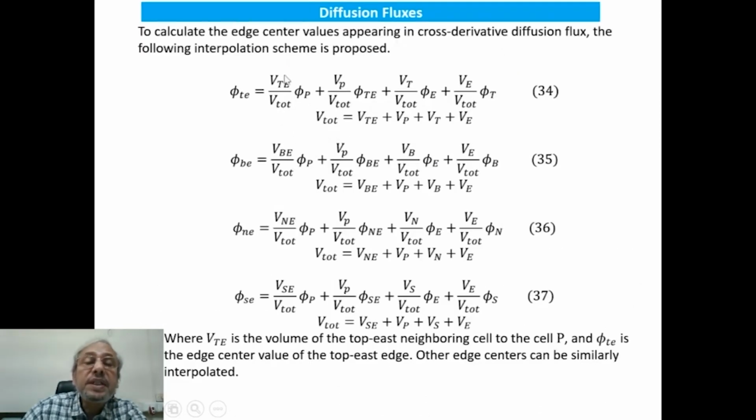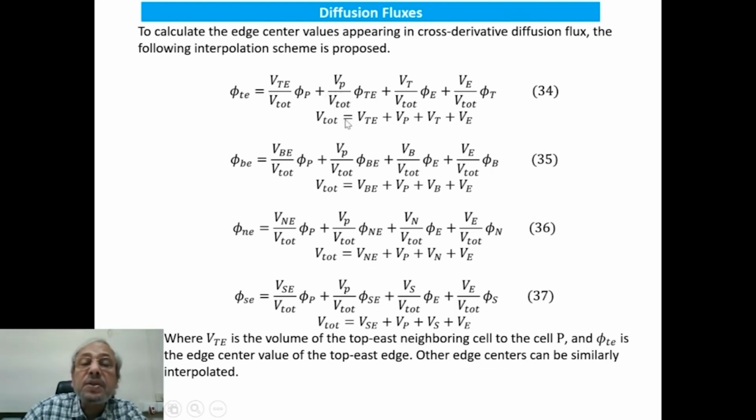So this is VT divided by V total into phi P. We are interpolating. VP, volume of the cell of interest, divided by this total volume.